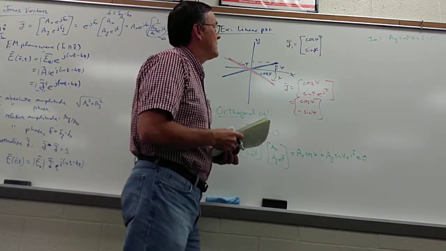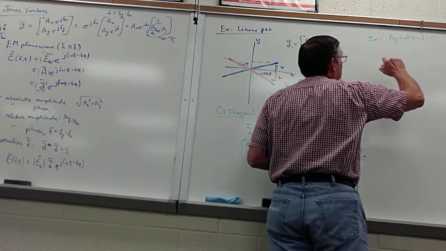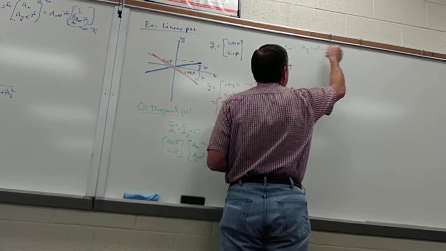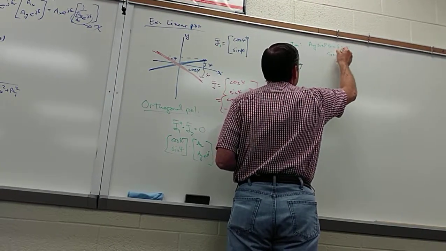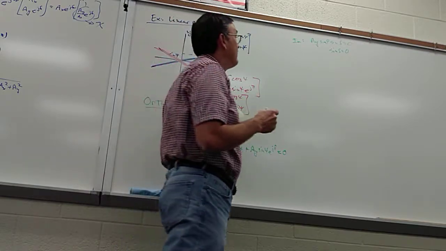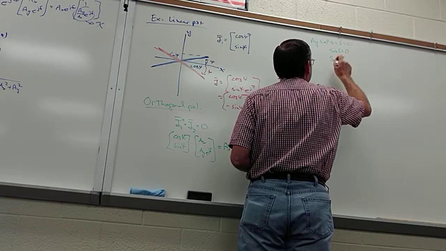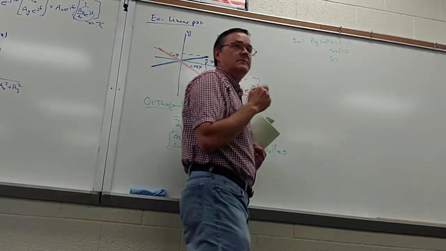So ay and sine psi are going to be something, whatever they are, so I can cancel them out. And that says that sine of delta has to be 0. By the way, what's the range delta can be in?